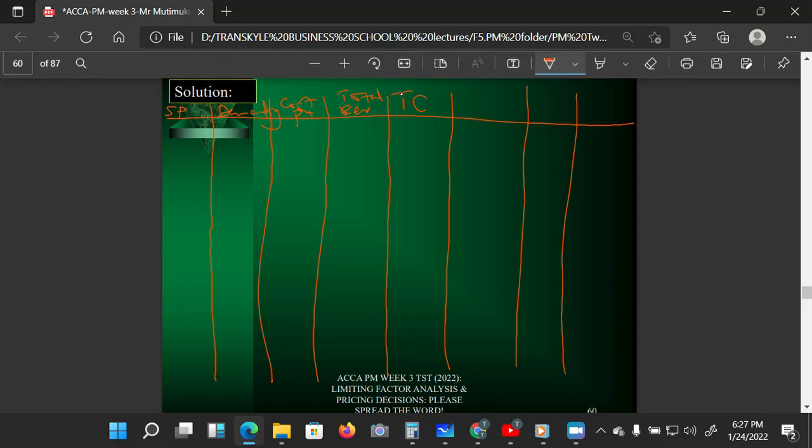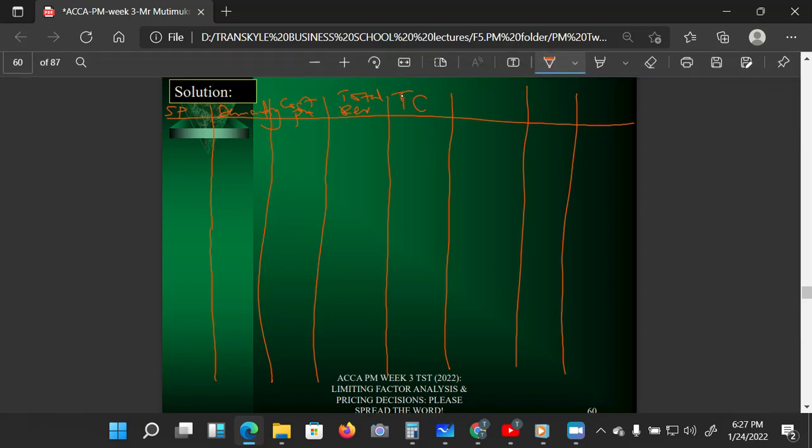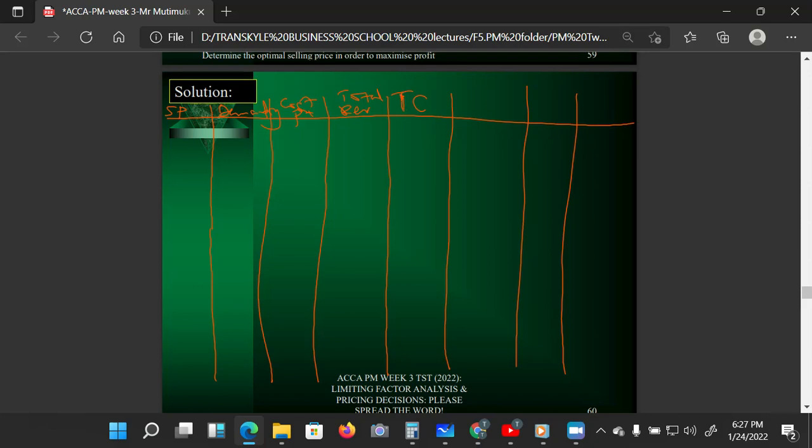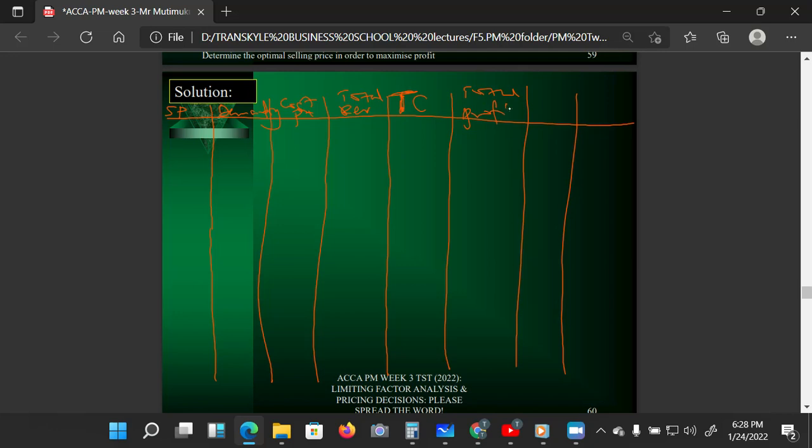Usually the total cost is, in economics, shortened as TC. Okay, so get used to this. TC usually stands for total cost. And then total profit. Then marginal revenue and marginal cost.